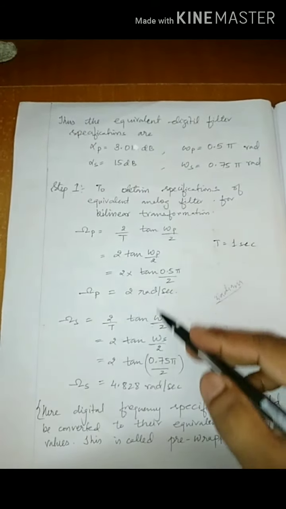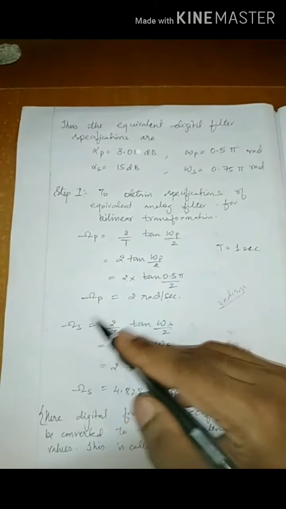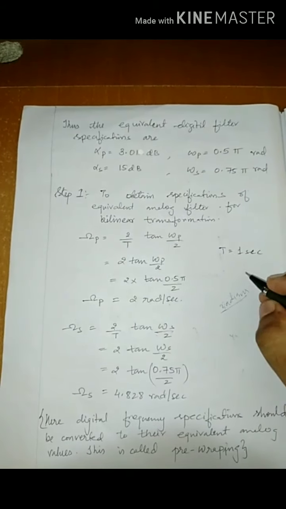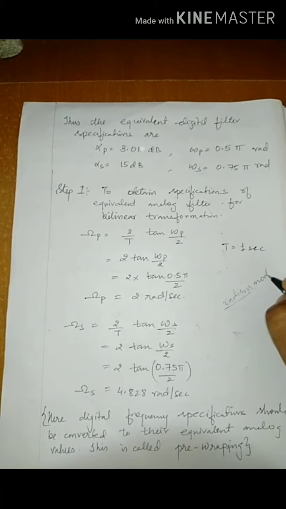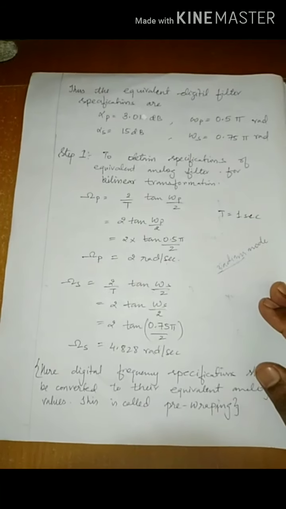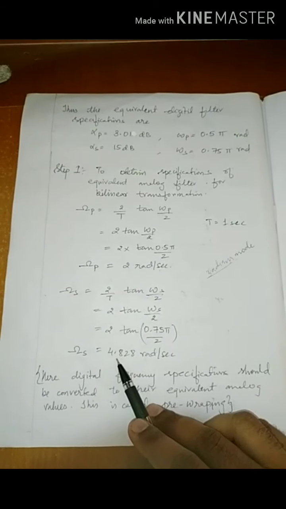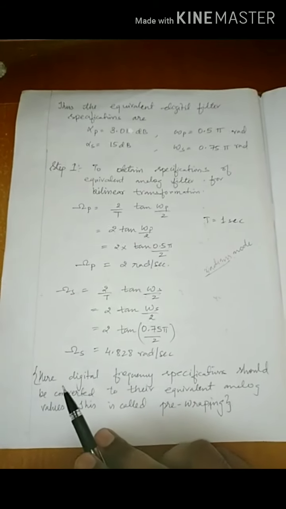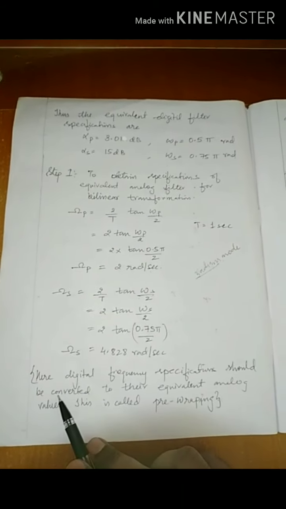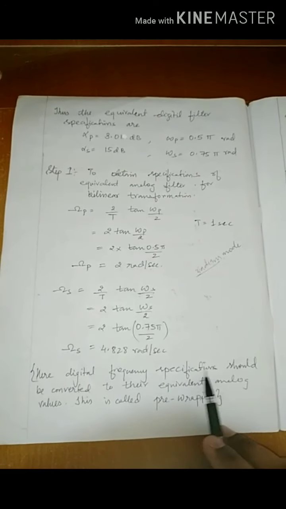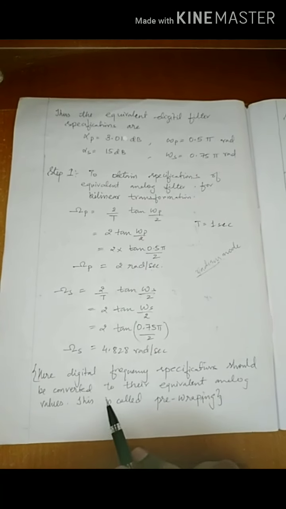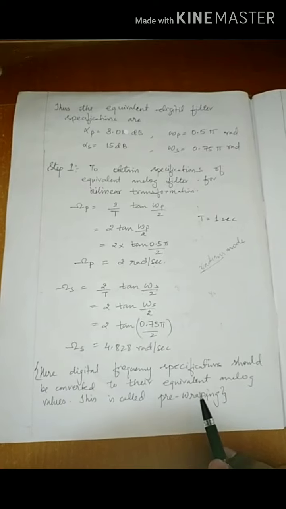In order to calculate this step, that is omega p and omega s, we have to keep the calculator in radian mode. Similarly, you calculate omega s and you get the answer as 4.828 radians per second. Here the digital frequency specification should be converted to their equivalent analog values. This is called pre-warping.